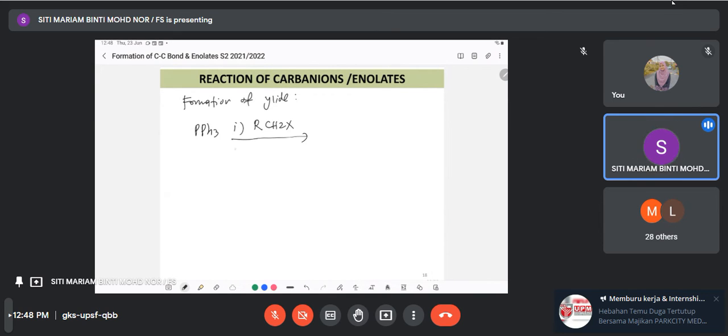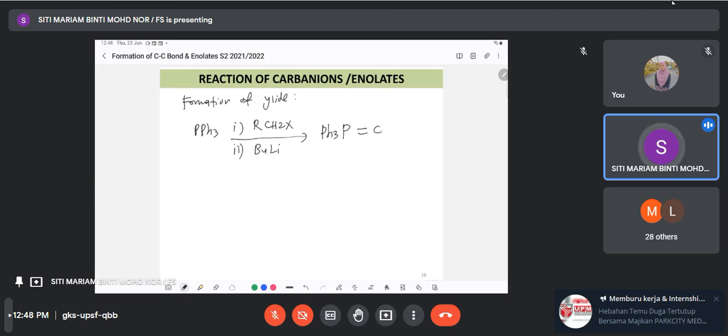Then proceed with the second step, react with butyl lithium, BuLi, butyl with 4 carbons, and Li is lithium. What you will get is triphenyl groups bonded to phosphorus.